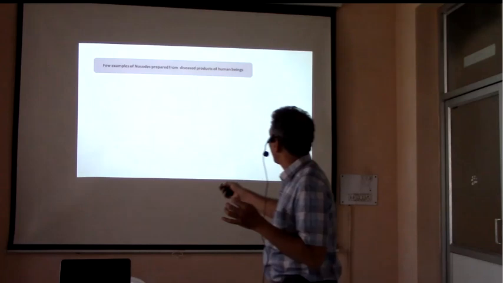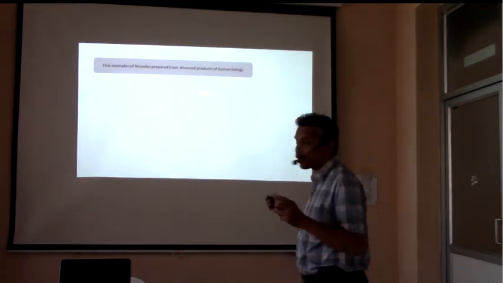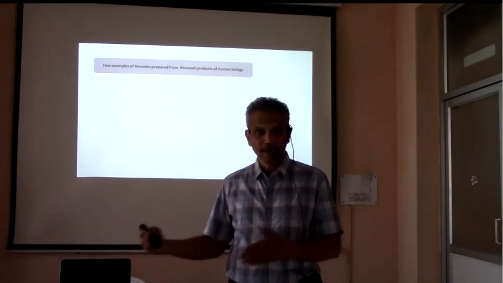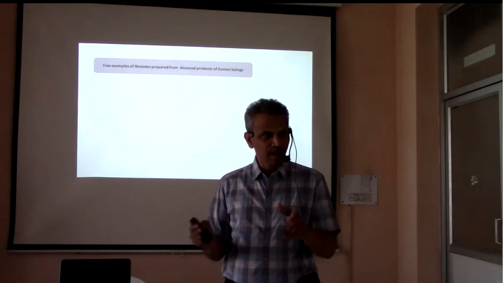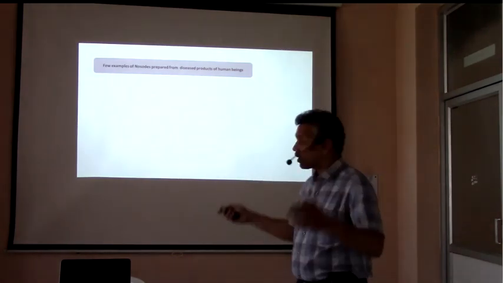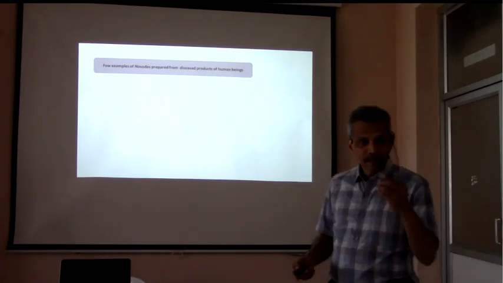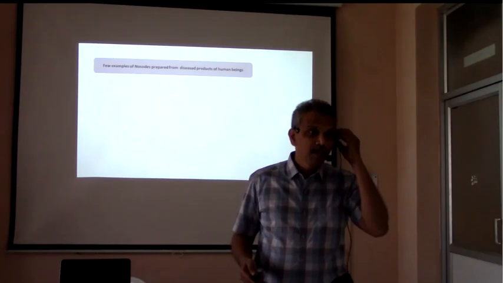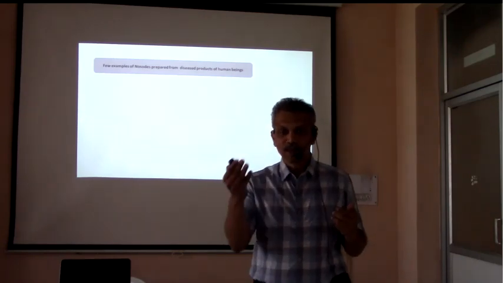Now if you look at examples of nosodes prepared from the disease products of human beings, there are some 55 to 60 nosodes in our materia medica. Can you tell me examples from the human secretions or human disease products that we prepare? Bacillinum, yes, absolutely right. Tuberculinum, carcinosin, psorinum.